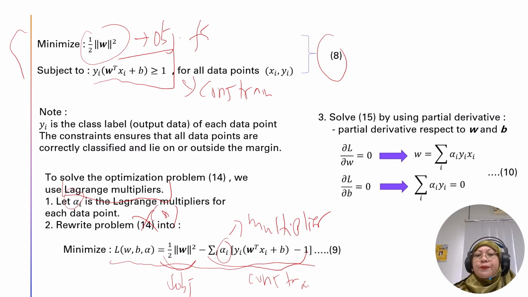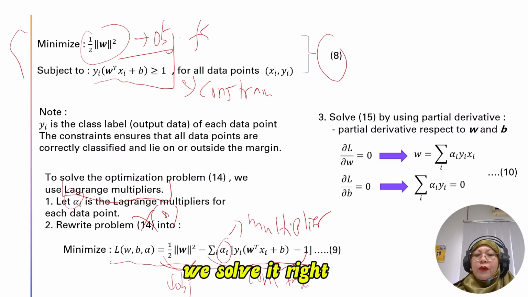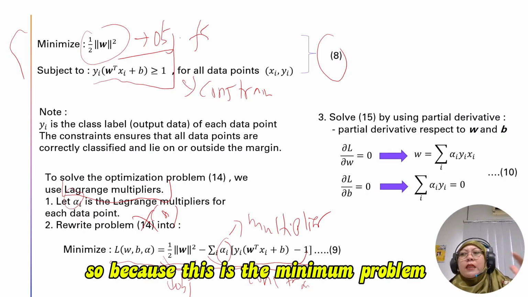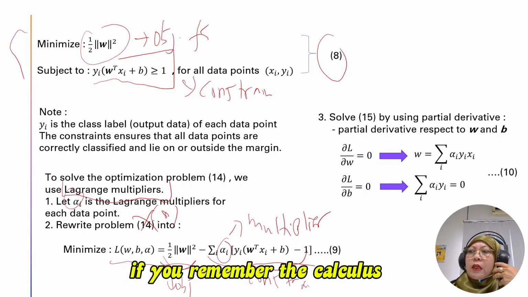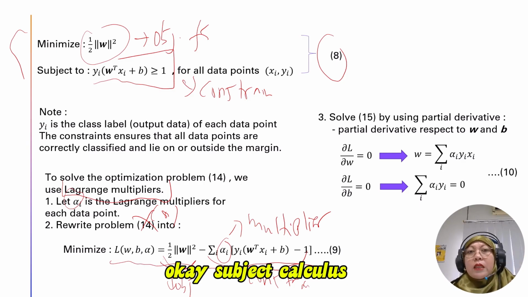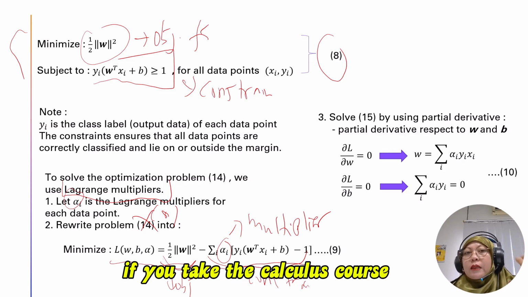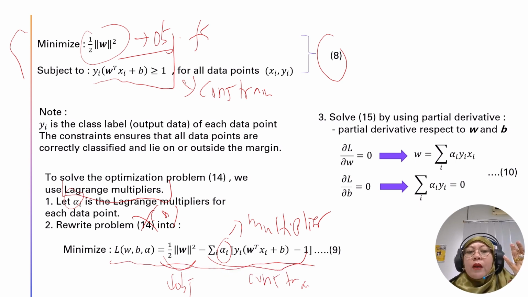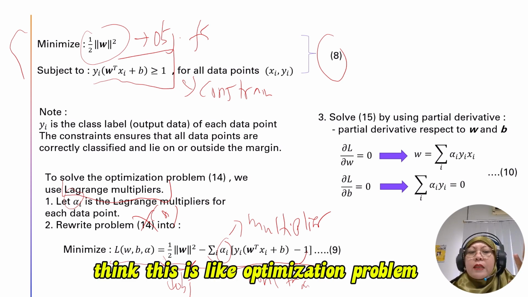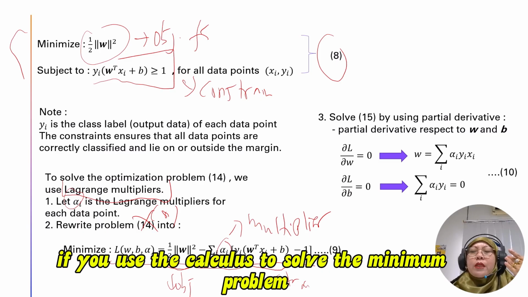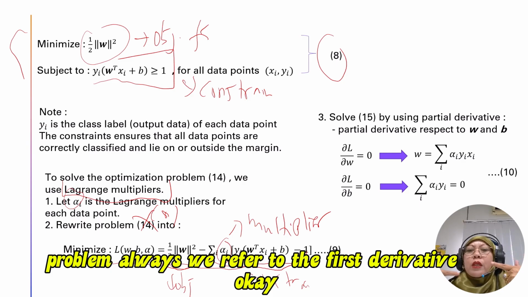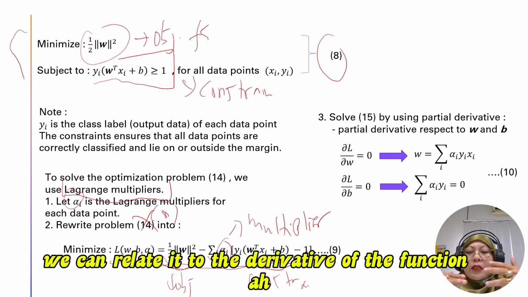What's next? The next step, of course, is to solve it. Because this is a minimum problem, if you remember calculus, we can think of this as an optimization problem. If we use calculus to solve a minimum or maximum problem, we always refer to the first derivative, the derivative of the function.